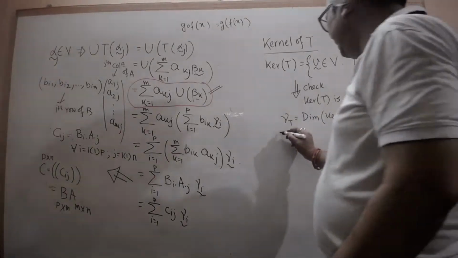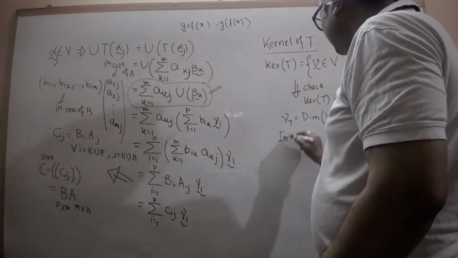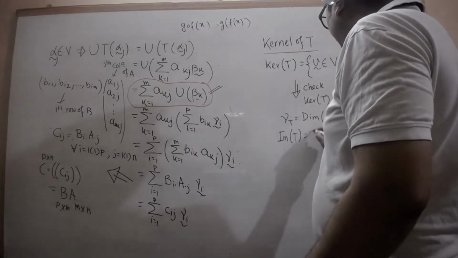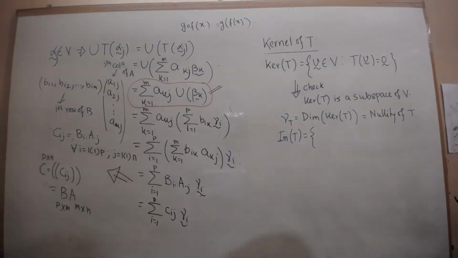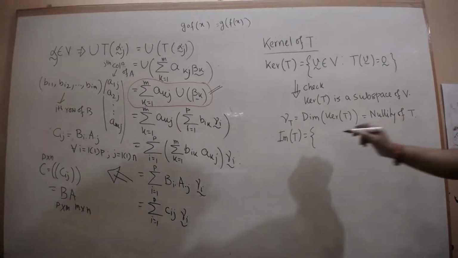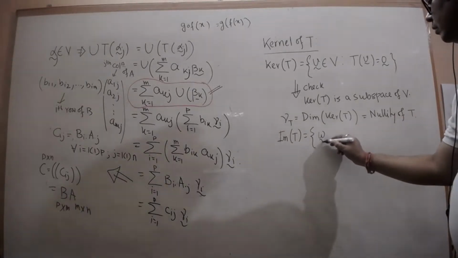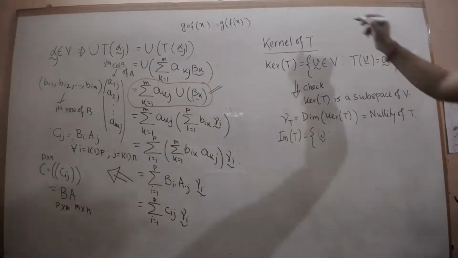Now the image of T. This is a collection of vectors w.